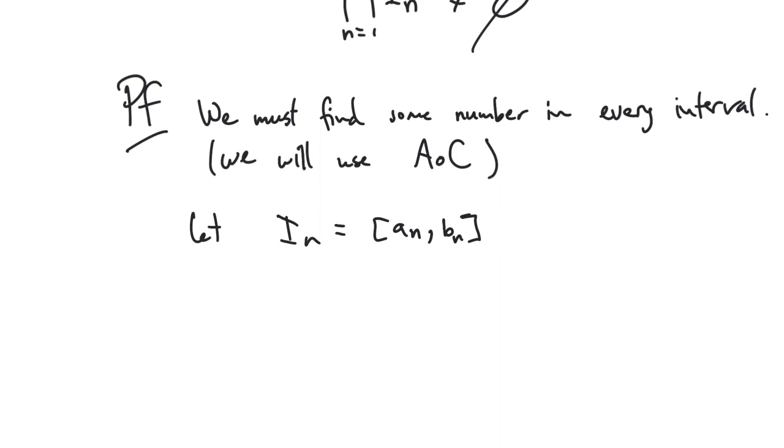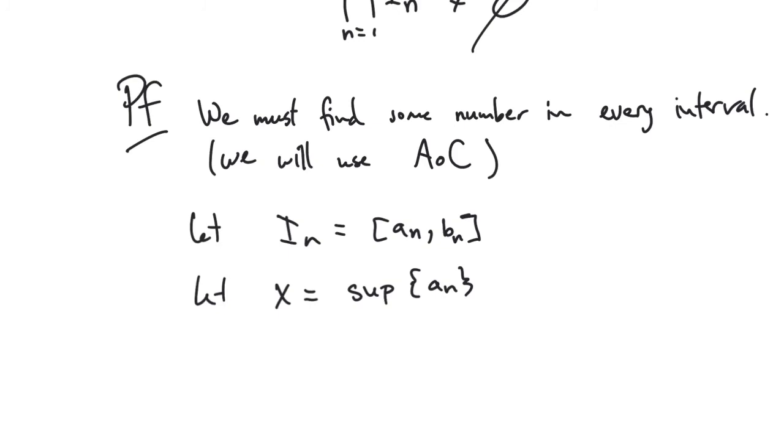Each interval is going to have two endpoints. I call the left endpoint an every time and the right endpoint bn every time. And here's the big hint. I'm going to let x be the sup of the set of all an's, so the set of all the left endpoints.